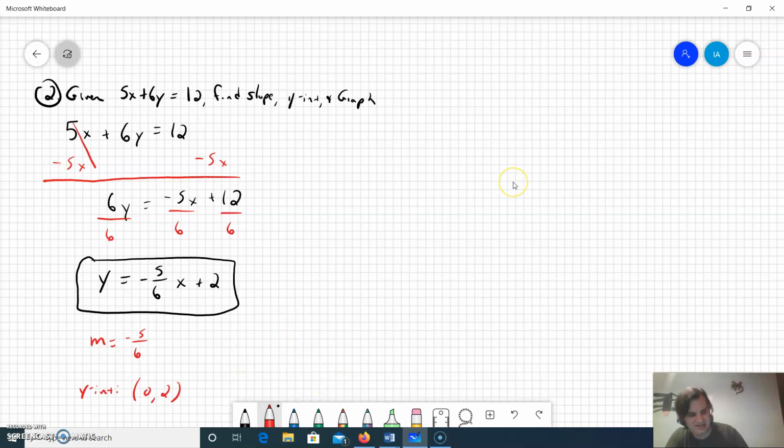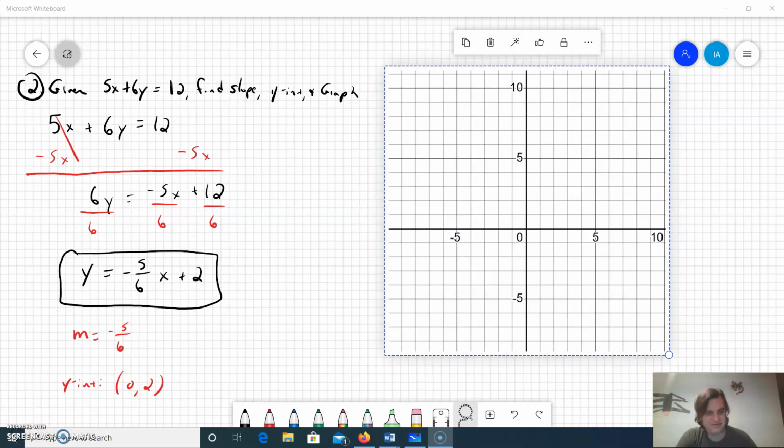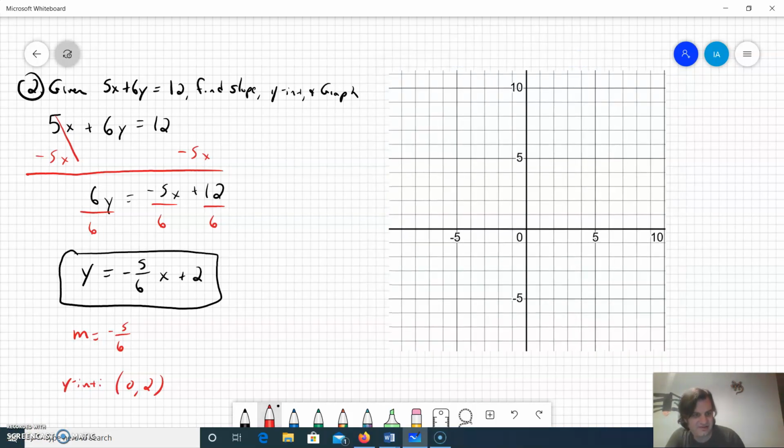So let's see if we can graph that. Oop, nope. Hold on. Let me take this one. All right, so I paused and corrected that graph. But here we have a graph, and we're trying to plot the point (0, 2), which is up here on the y-axis, sorry. And we have a slope of negative 5/6.